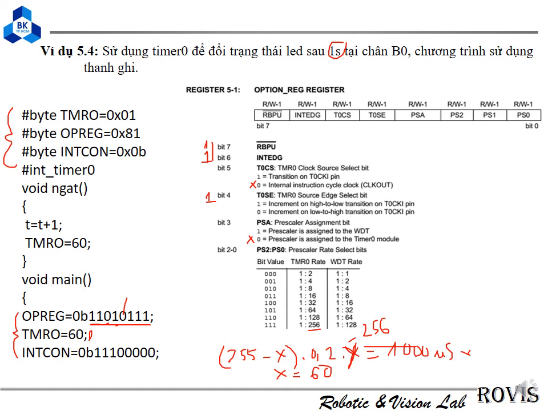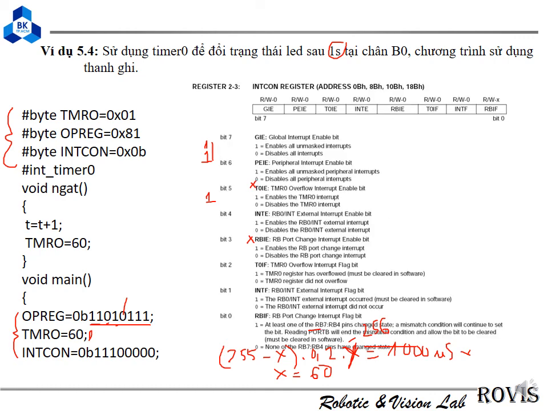Then the next one is the interrupt register. For the interrupt we will use 111. This is 1, this is 1, and this is 1, and this is 0. This bit is to enable all the interrupt functions.